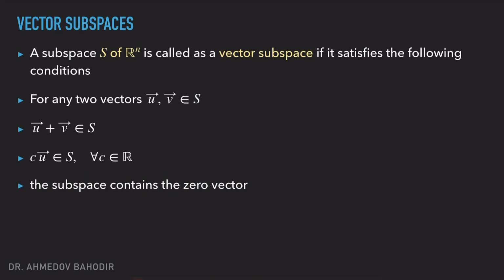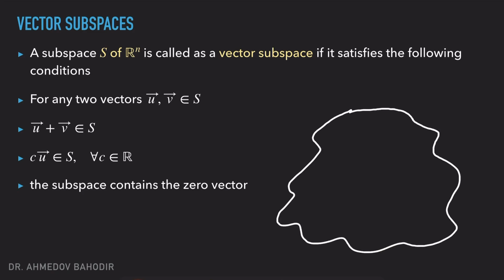We can try to explain this in this way. Let's say I've got the subspace S, which is some piece of R3. If you choose any two vectors u and v from the subspace, their sum should again be in the subspace. You sum them, u plus v, and it should not go outside the subspace.